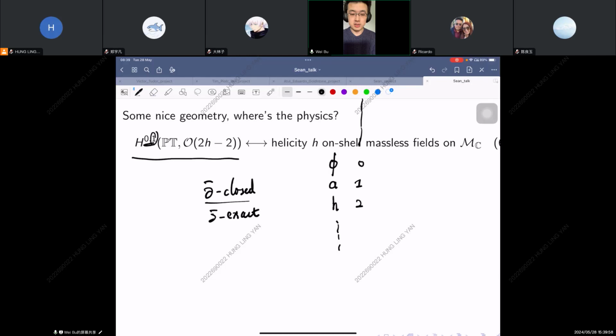So there's some 0-1 form, say I call it omega. Then omega is d-bar closed, and omega is considered up to omega equals d-bar of g. That's all it means. So some 0-1 form on twisted space, and this O thing means it's twisted by some weighted bundle of homogeneous weight scaling 2h minus 2.